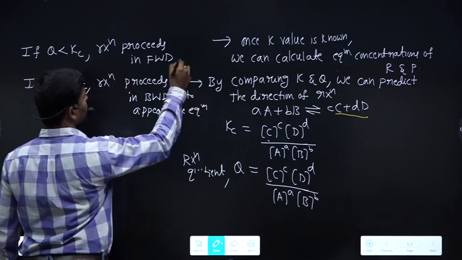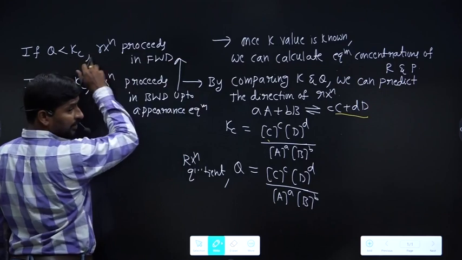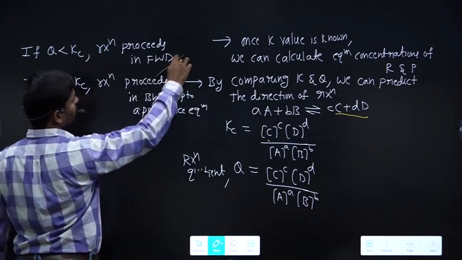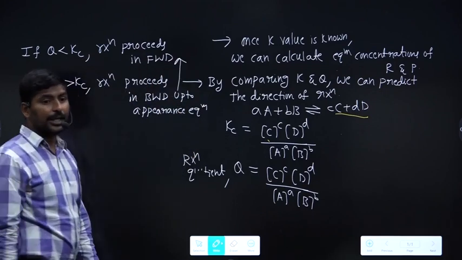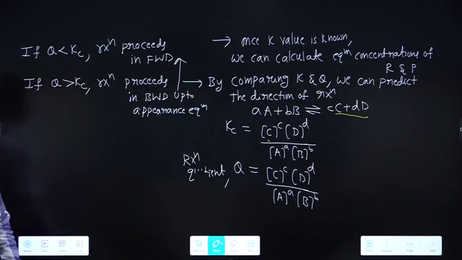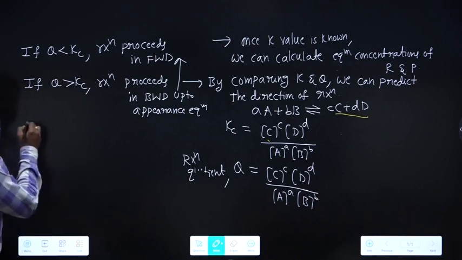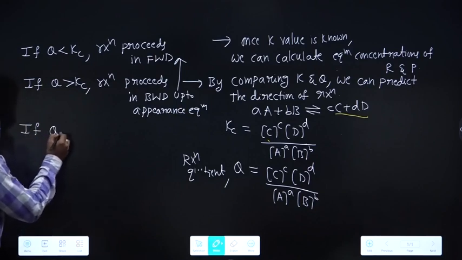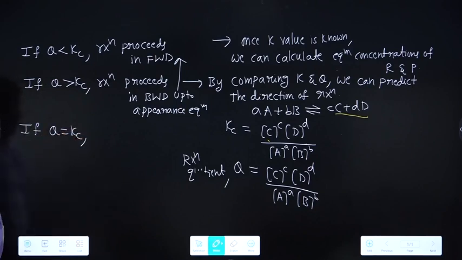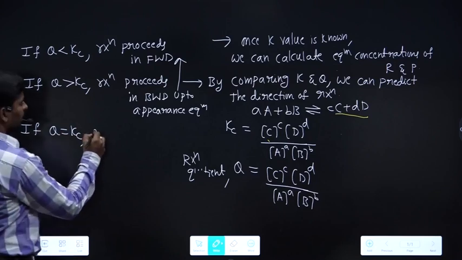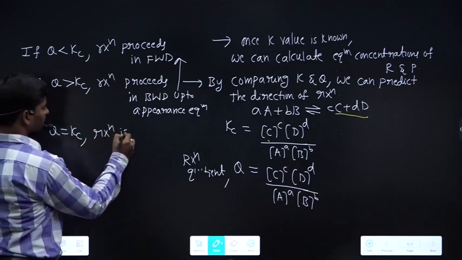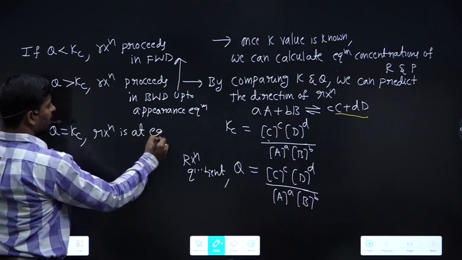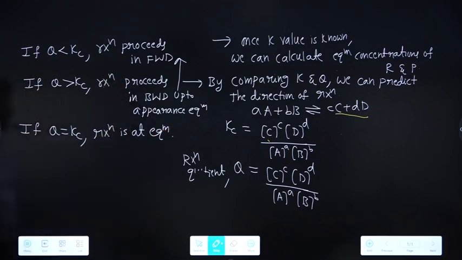In the previous case also, if Q is less than Kc, the reaction proceeds in the forward direction up to the appearance of equilibrium. That means up to the Q value becoming equal to the K value. If Q is equal to Kc, then it indicates that the reaction is at equilibrium.